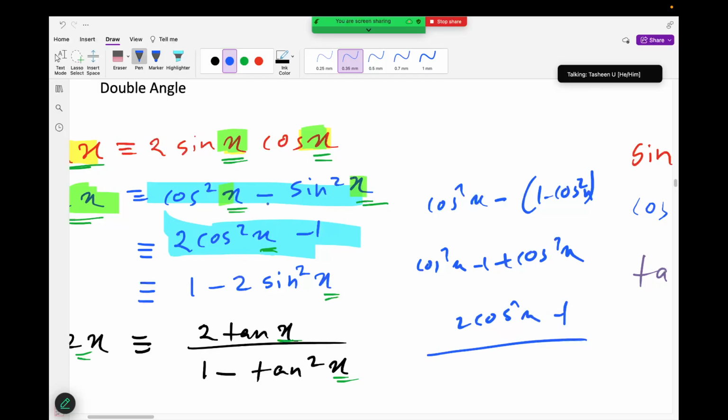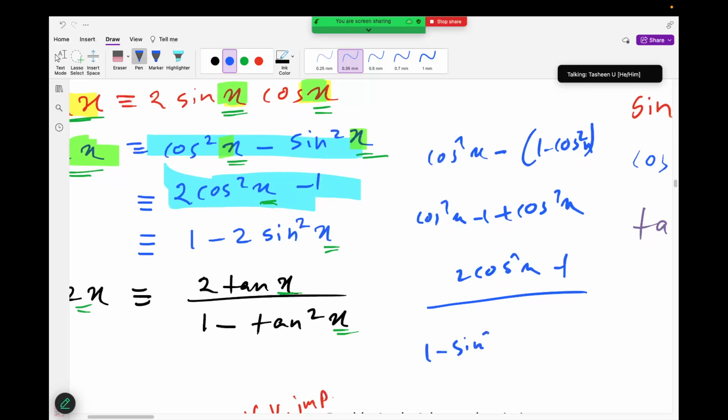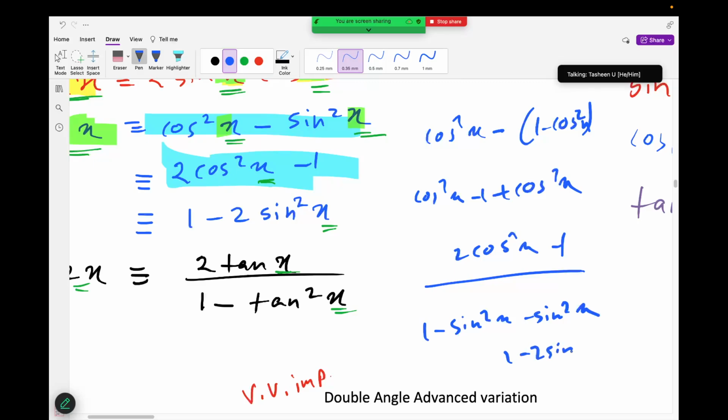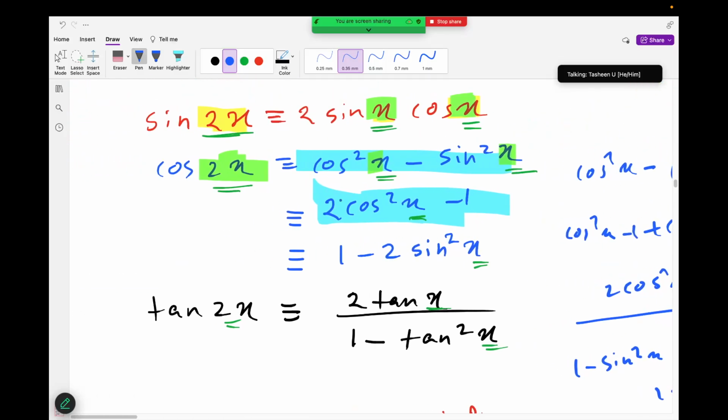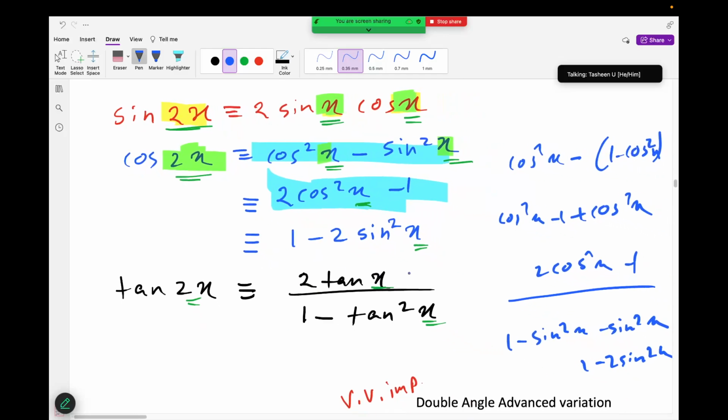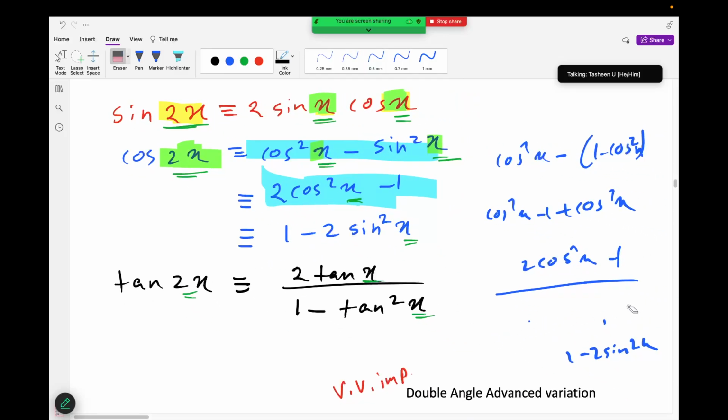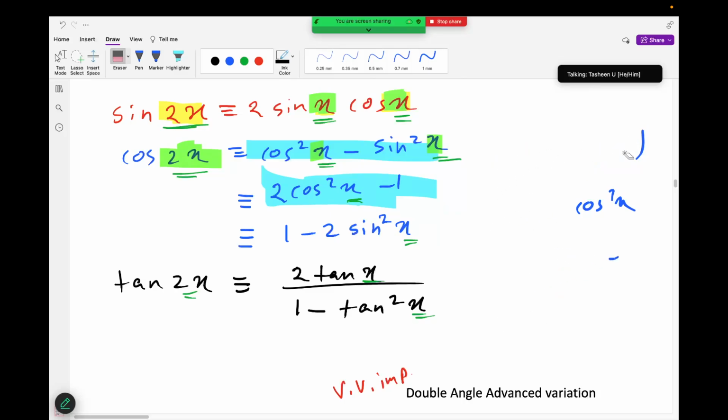Similarly, if you convert the cos square x from here, 1 minus sine square x minus sine square x is 1 minus 2 sine square x. Okay, so this is how you get these 3 variations. Okay, and then you have tan 2x, which is 2 tan x divided by 1 minus tan square x. These are what we call the double angle formulas.